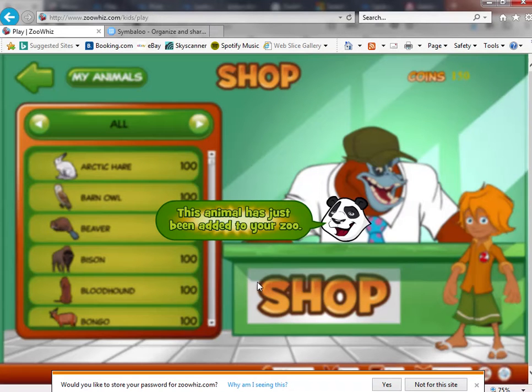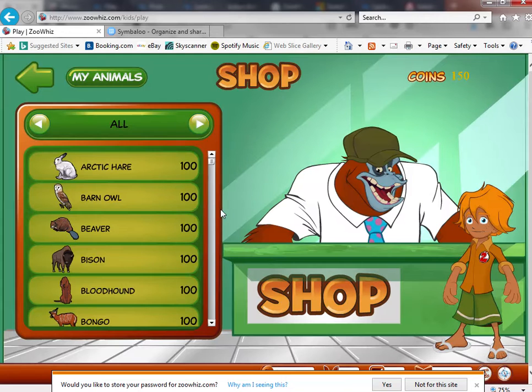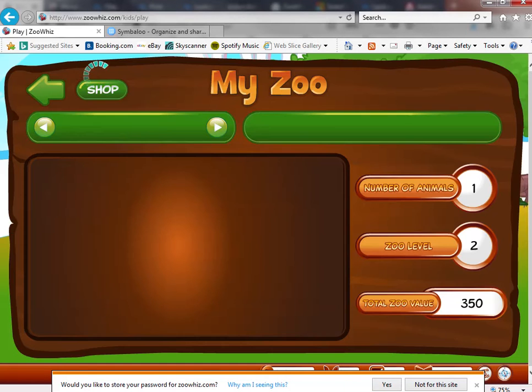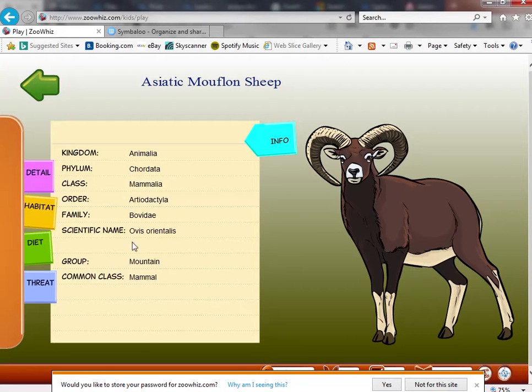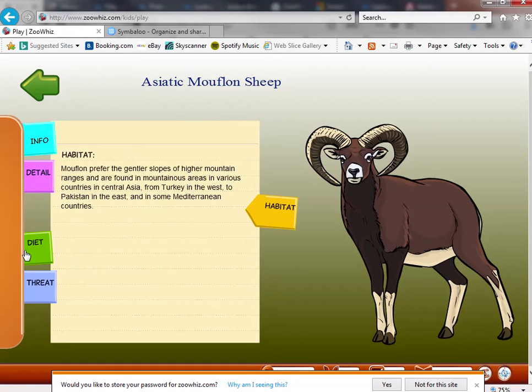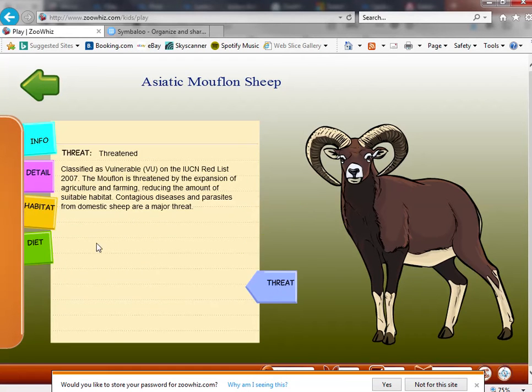Okay, so it teaches them about how to spend money and stuff like that, and they can go into my animals. That's their animal. They've just bought that animal, and when they click on that, they've got information about this animal: what it's called, the animal kingdom, the class, the order, family, and then the habitat, the diet, the things that they eat, and if they are endangered. It gives them all that information.